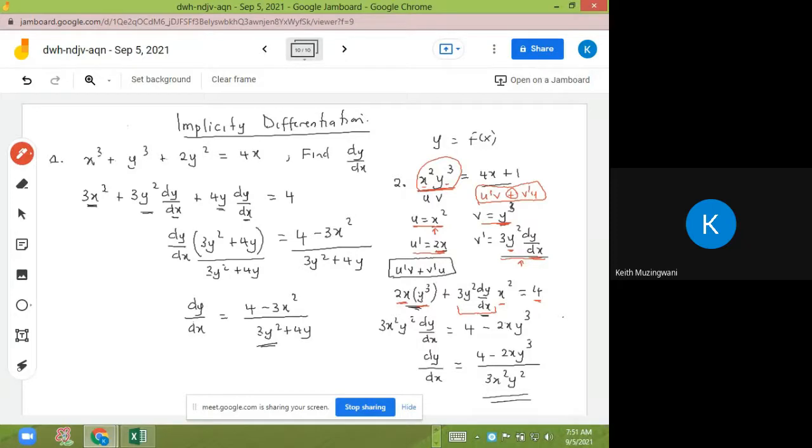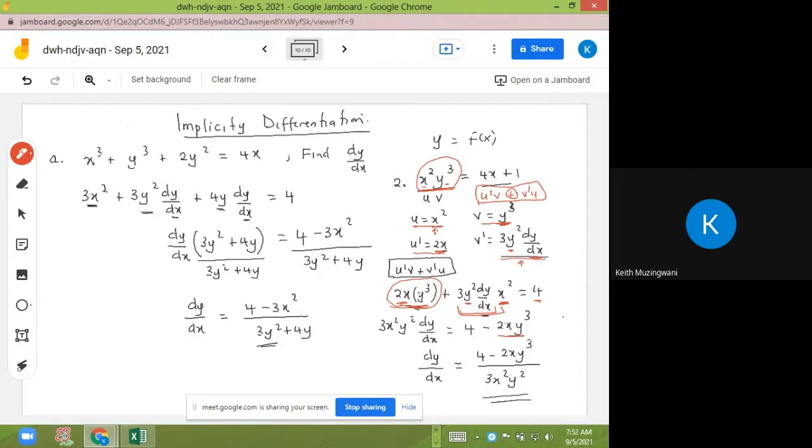What are we looking for? We are looking for dy/dx. So to find dy/dx, we take everything else that is not dy/dx to the other side. So we have taken this to the other side. That's why we have 4 minus 2x y to the power 3, which is this piece here. Then we remain with 3x squared, this x squared here, multiplied by y squared, this y squared here, because this whole thing is a product, so I can rearrange it in any way, multiplied by dy/dx.